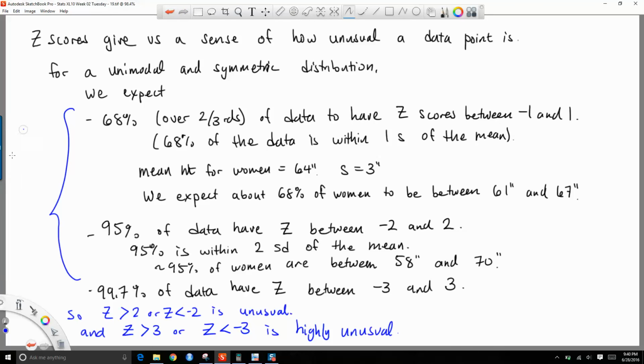It's known as the empirical rule, and that just means this is what we're expecting when we look at our data, that about 95% will have z's between -2 and 2, and 99.7, so almost all will have z's between -3 and 3. So z's greater than 2 or less than -2 is unusual, and z's greater than 3 or less than -3 would be considered highly unusual.